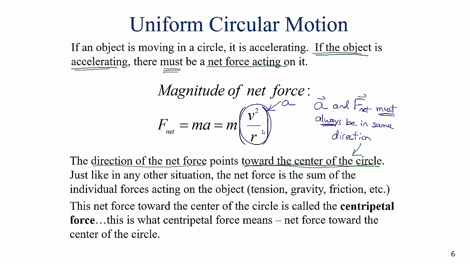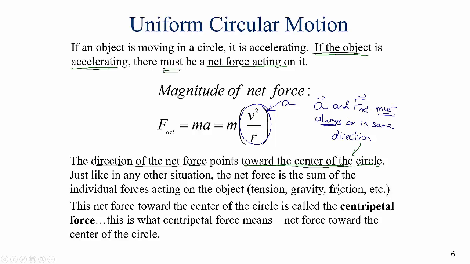And so the direction of the net force is always in towards the center of the circle for something in uniform circular motion. Net force is just the name for all of the forces added together. Net force is not a new force by itself. And so the net force is the sum of the individual forces. You might have tension in a string. You might have the force of gravity.